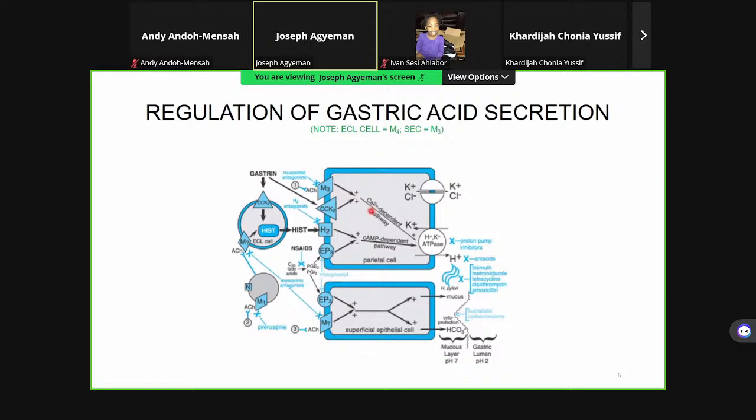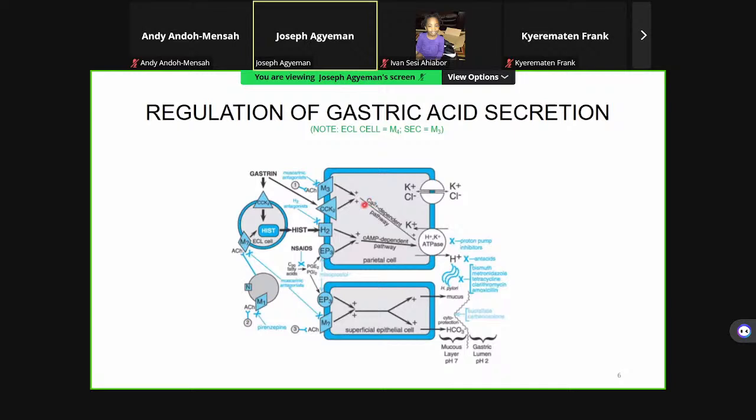The endoplasmic reticulum stores intracellular calcium, and in the presence of IP3, that is inositol triphosphate, the calcium will be released from the endoplasmic reticulum. Gastrin attaching itself to the CCK2 receptor is capable of leading to the production of IP3. And once IP3 is around, calcium is going to be released from the endoplasmic reticulum.